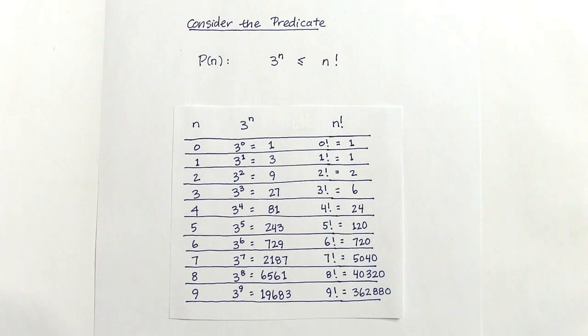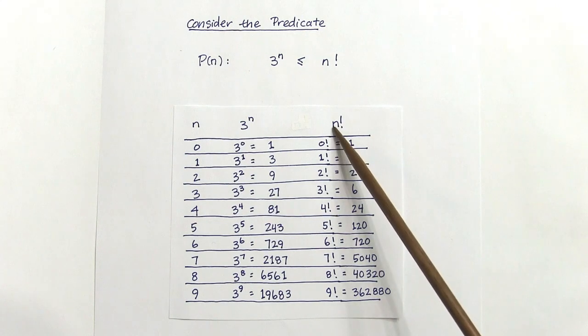But as we work our way down this table, we have found that somewhere near the value n is 7, the factorial function catches up with the exponential function, and after n is 7, the factorial function overtakes the exponential function 3 to the n. This table illustrates how the factorial function grows even faster than the exponential function as n increases.